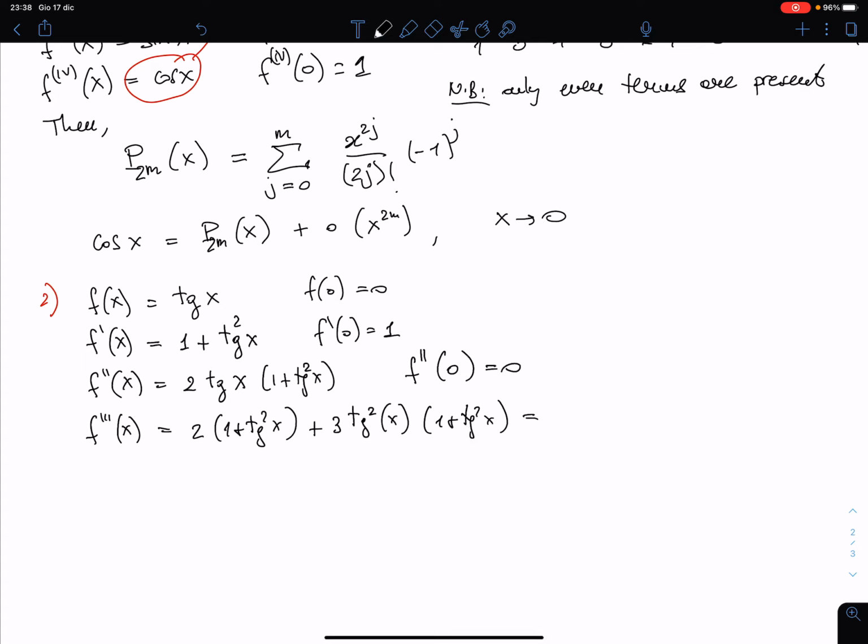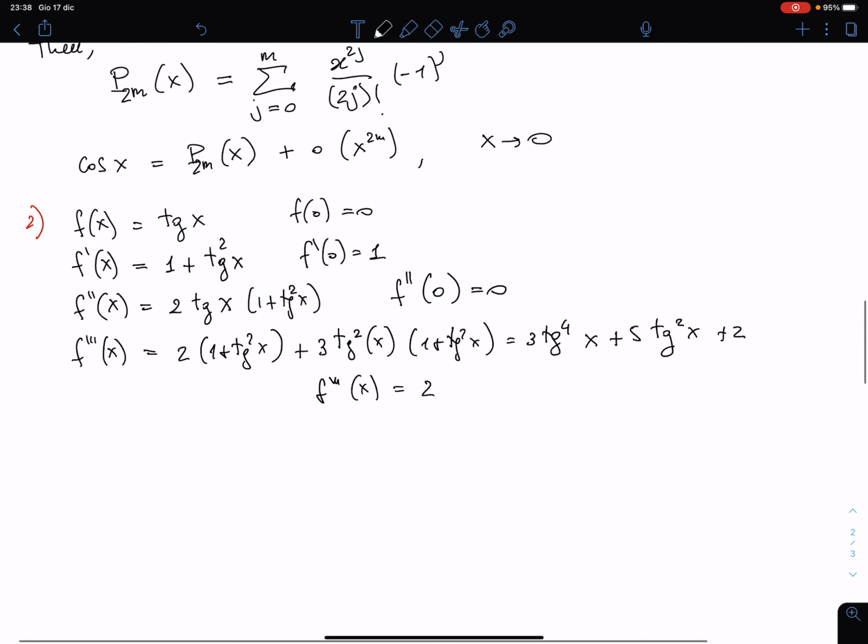So at the end you have this polynomial, which is 3 tangent 4 of x, then plus 2 plus 3, 5 tangent square of x, plus 2, and so f third of x is equal to 2.